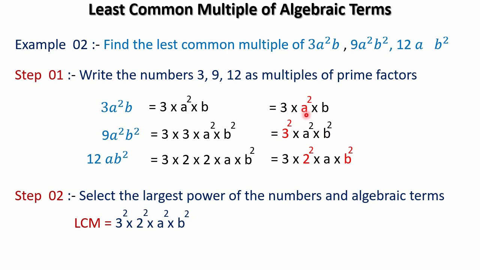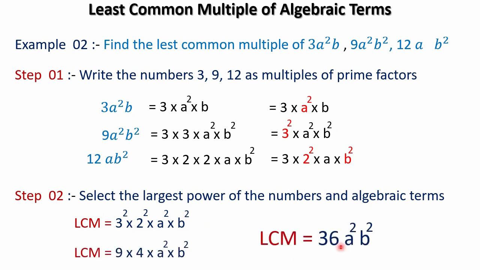The algebraic term a, here is just a to the power 1 and a to the power 2, so we have selected a to the power 2. Similarly, b square, b to the power 2. Now if you multiply 9 into 4, the final answer you are getting is 36 a square b square. In this example also we have to follow the same method.